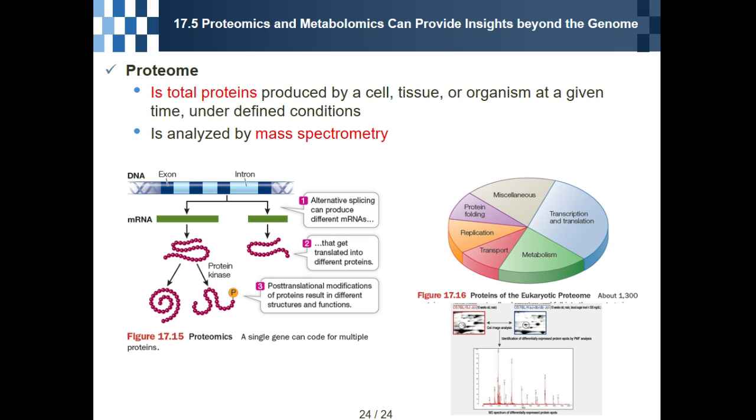So if you are interested in post-genomics, we call it proteomics. There are lots of people who major in proteomics, so if you are interested in these fields, you can apply. Okay. There are lots of possibilities, okay?